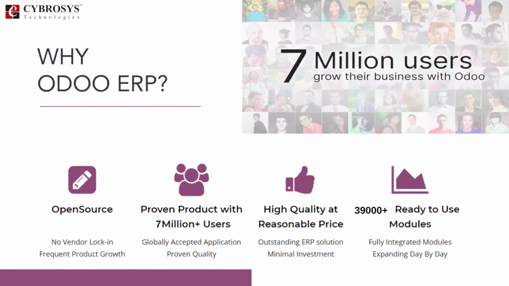And why Odoo ERP? As you know, Odoo is becoming more efficient and effective day by day. Currently we have 7 million plus users for Odoo. Moreover, Odoo is an open ERP. It comprises a large collection of business-related applications: customer relationship management, sales management, website and e-commerce, accounting, HRMS, and so on. These basic modules are called Enterprise Resource Planning software. Apart from these 84 main basic modules, Odoo has more than 39,000 third-party apps in the App Store, each custom built for different user needs.